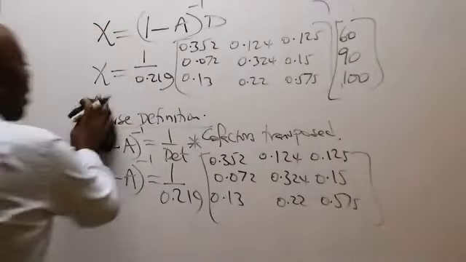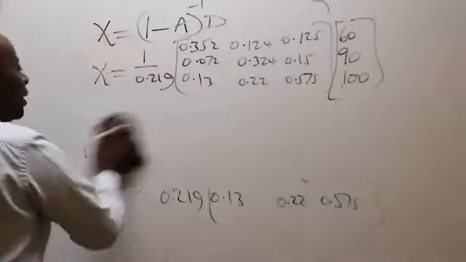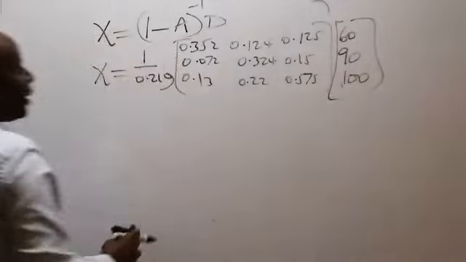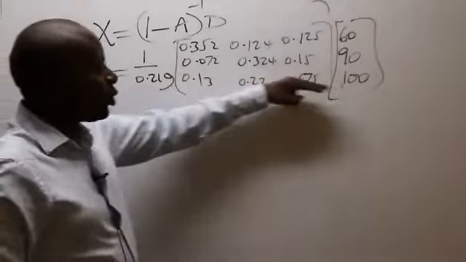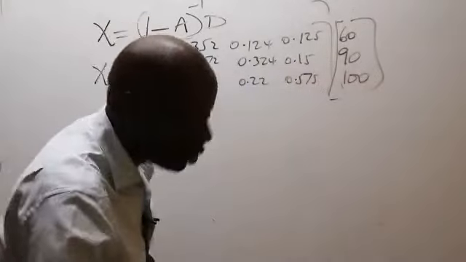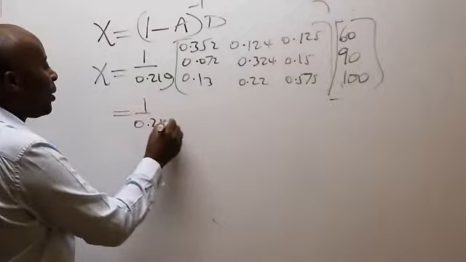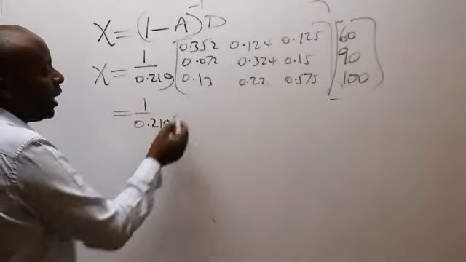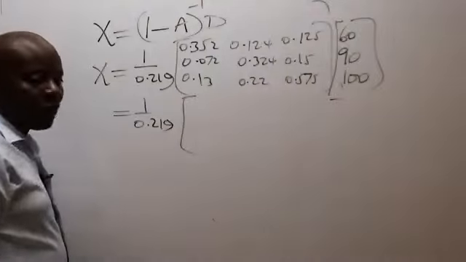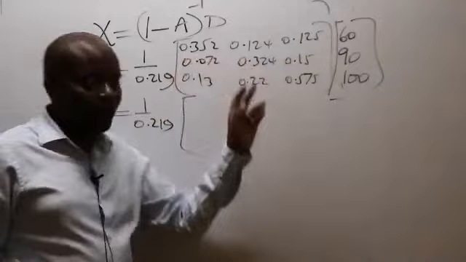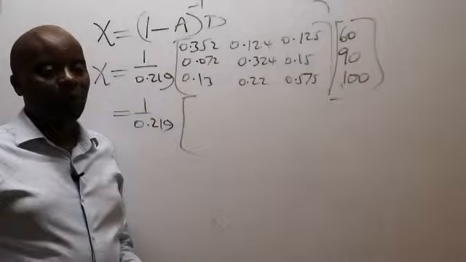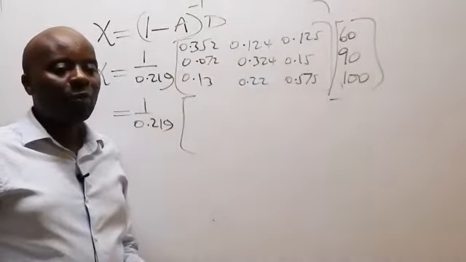Now what I'm going to do is quite a simple thing. I've got a scalar and then two matrices multiplication. So I leave the scalar, 0.219, outside, and I multiply the matrices themselves first. How do I do my matrix multiplication?